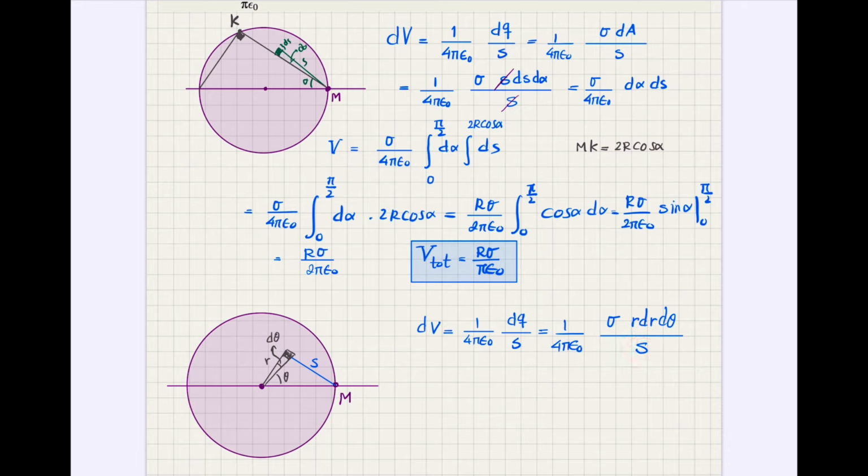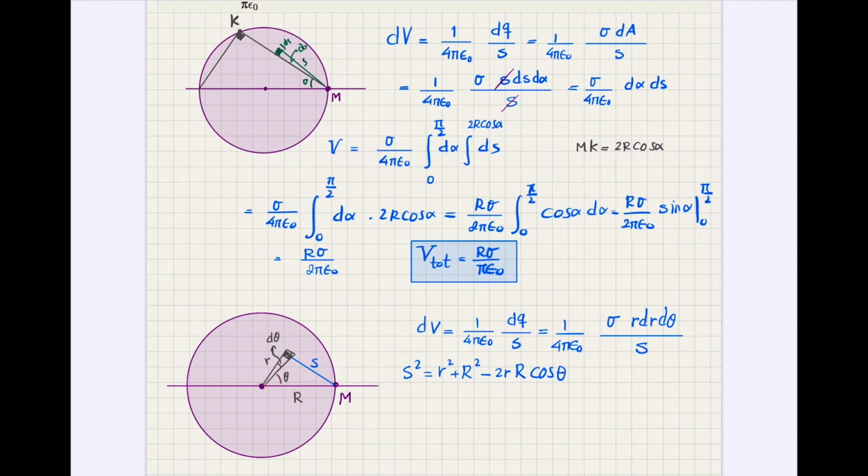Solving the integral would be a little bit harder, because from here to here is r, so let me mention it here. This is r, and then if I use the cosine rule, I know that in this triangle s squared is r squared plus capital R squared minus 2 times little r times capital R multiplied by the cosine of the angle between these two sides, which is actually theta.